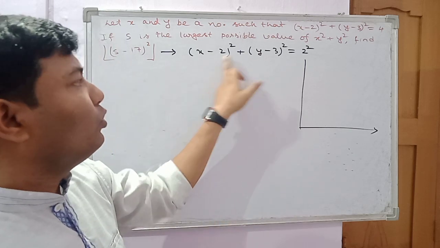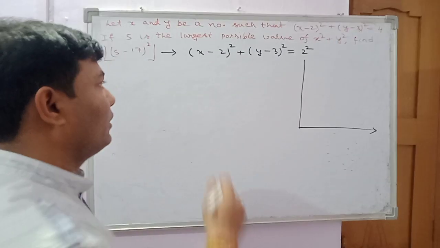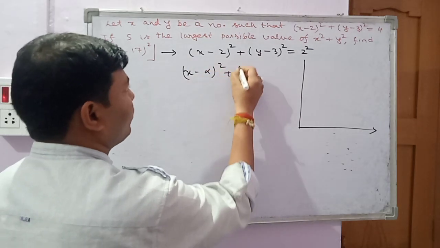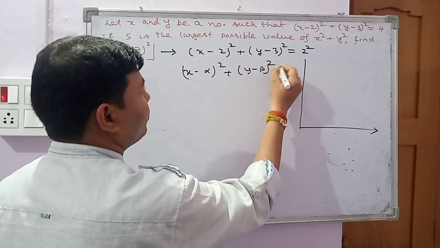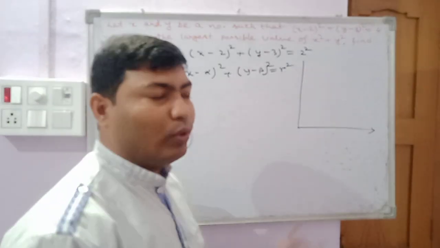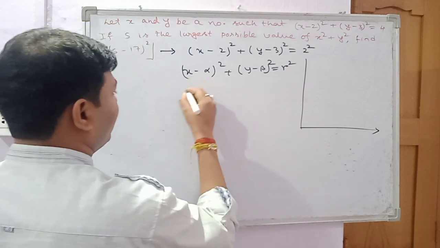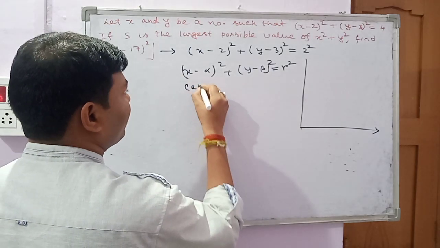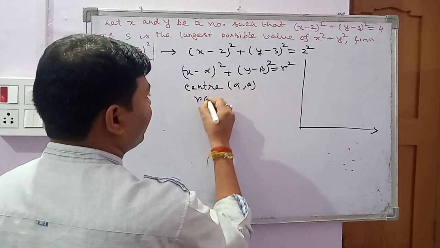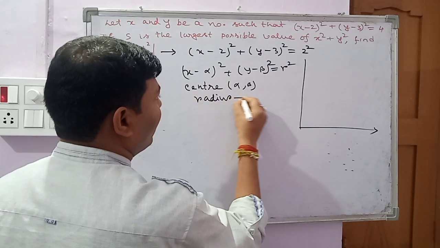Its center is (2, 3). If (x minus alpha) raised to the power 2 plus (y minus beta) raised to the power 2 equals r squared, then it represents a circle with center (alpha, beta) and radius r.